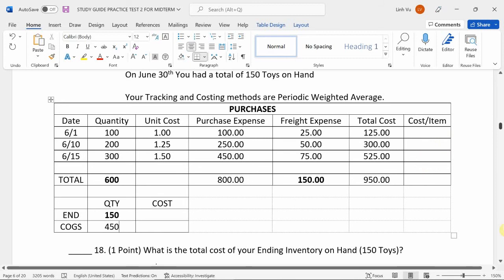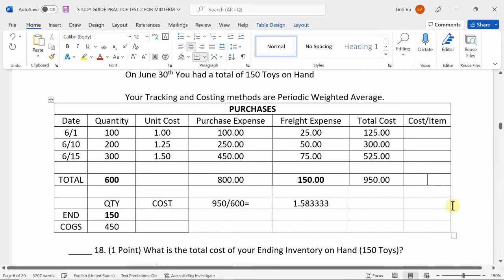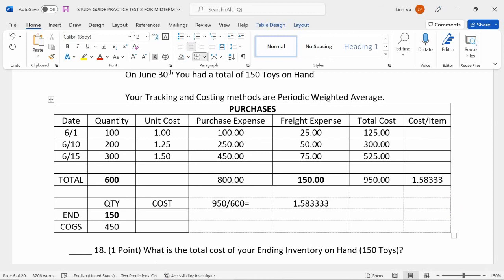In order to get our weighted average cost per item, you're going to take your total cost of 950 and divide it by 600, and you should get 1.58333. So that will be right here, 1.583333.